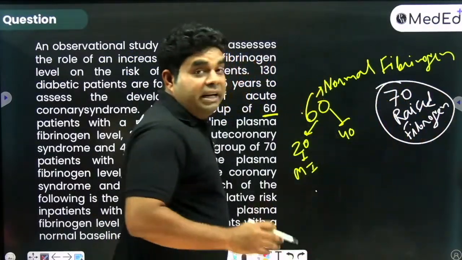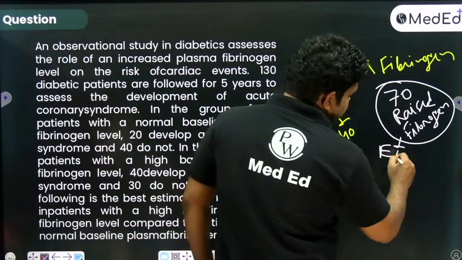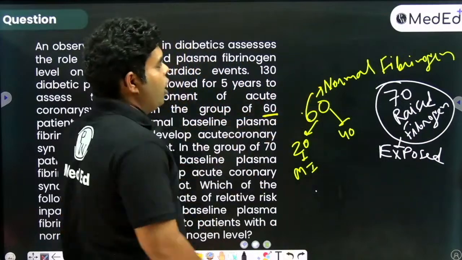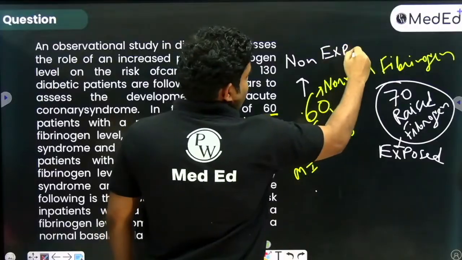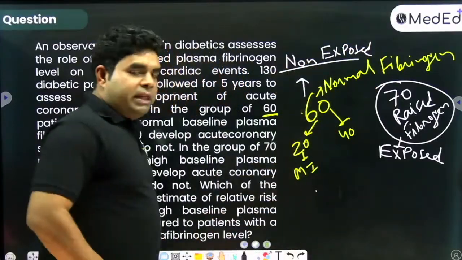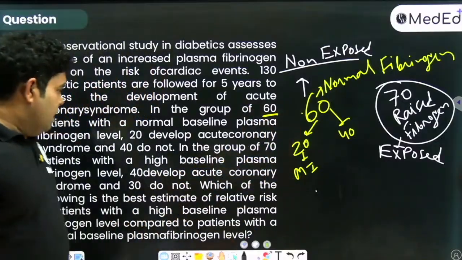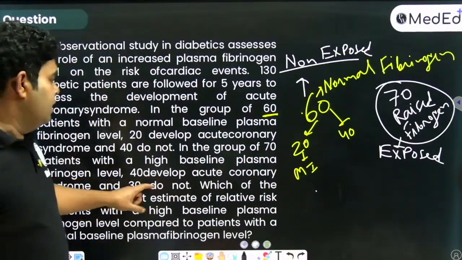They have something abnormal in their blood, and those people are known as exposed. The people who have normal fibrinogen are non-exposed, without the risk factor. So in these 70 people, 40 developed MI, 30 did not.